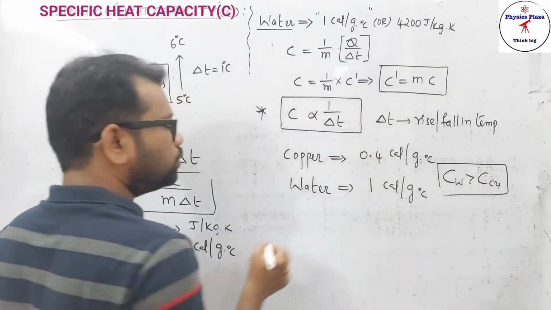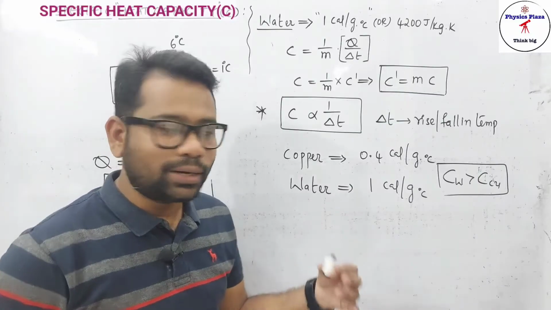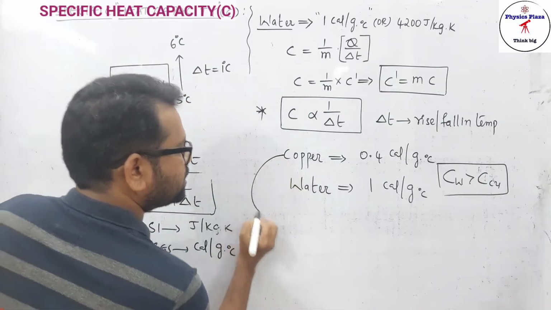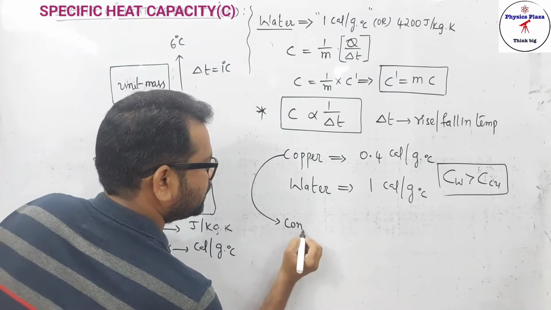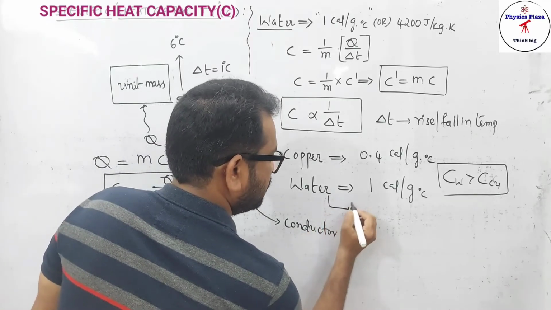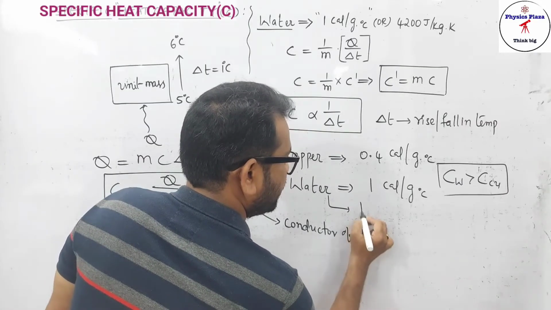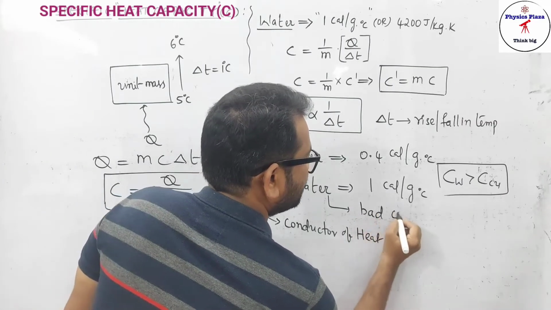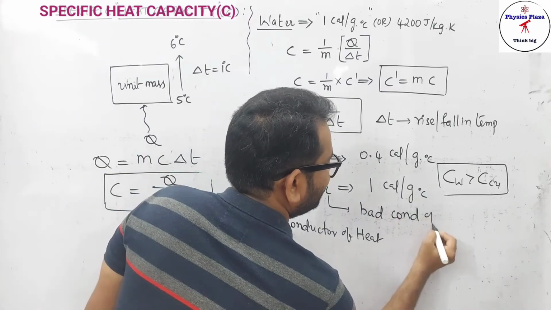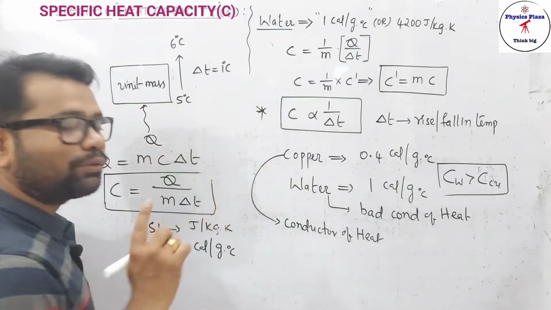But children, in these two, which one is the best conductor? Which one is a bad conductor? Undoubtedly copper is the best conductor of heat. But where is a bad conductor of heat? With this we can conclude one important thing.